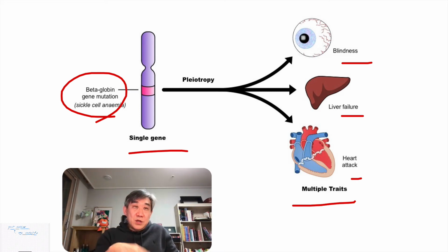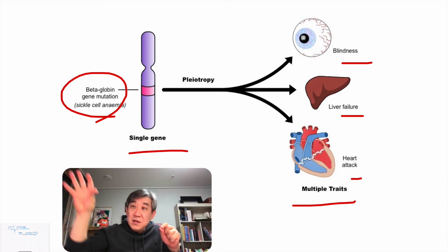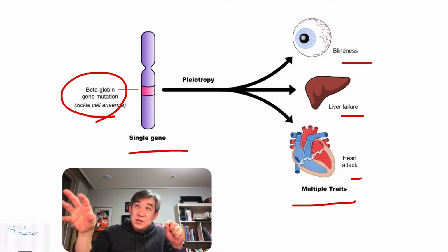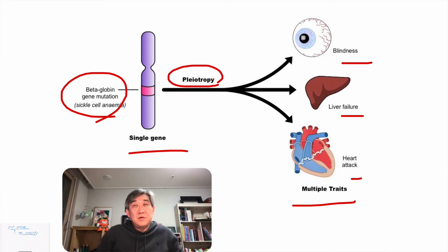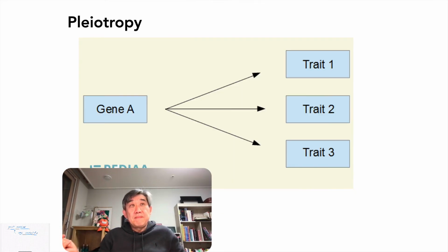This is one gene mutation, one trait, affecting many different symptoms, many different characters in the form of specific traits, which we call pleiotropy. So that's pleiotropy.